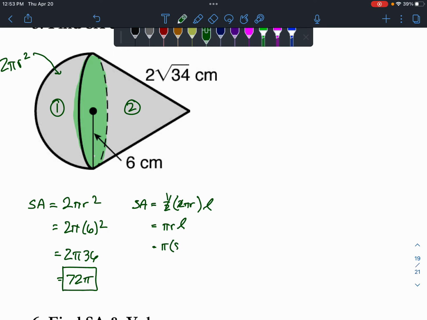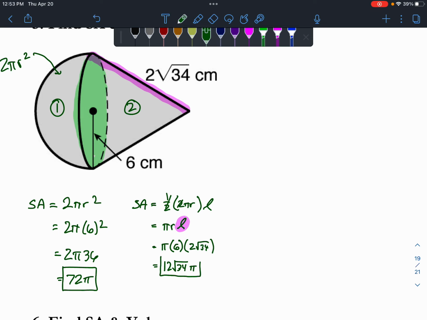Pi, radius is 6. They gave me the slant height, which you guys will notice is this measurement right here. Not the most fun measurement in the world to calculate, but at least they gave it to us. So I'm going to toss in a 2 square root 34. We end up with just 12 pi square root, actually, I should write this differently. 12 square root 34 is very likely the number that we have, and then pi comes after it.